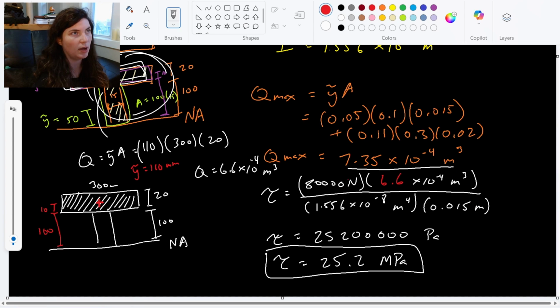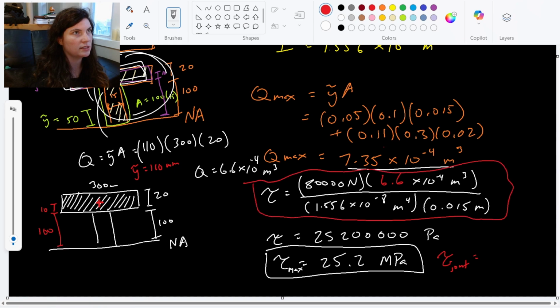Same thickness, same I, same V. So the only thing that changes is that instead of it being our max, this is the shear stress at the joint. And I plug this into my calculator, just with the 6.6 instead of that 7.35, and I get 22.6 megapascals.